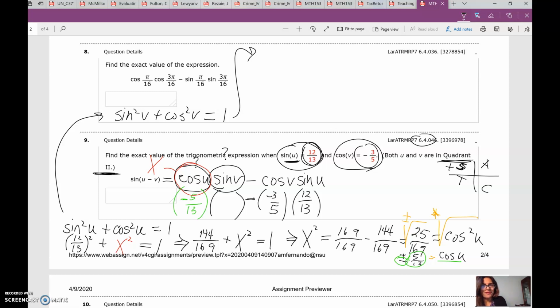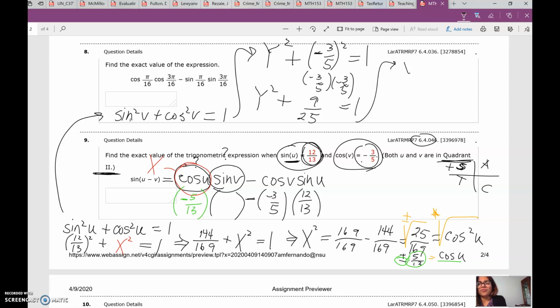And now we're looking for the sine of v, so we'll call that capital Y, so that's y squared. Just calling it y so we don't confuse it with the x. And the cosine of v is negative 3/5, which we're squaring, and that should be equal to 1. Please be careful when you go to do this multiplication. It's negative 3 over 5 times negative 3 over 5, which gives us positive 9 over 25 plus y squared.